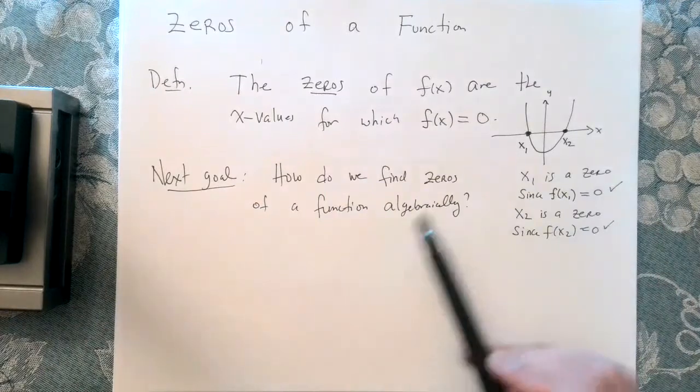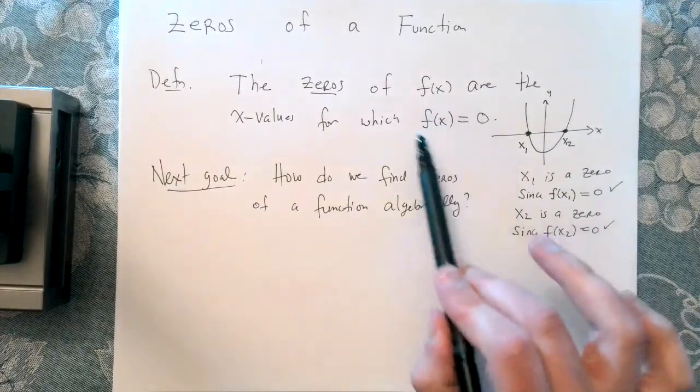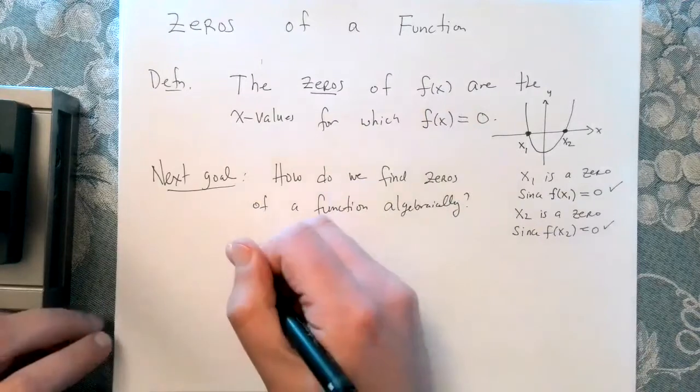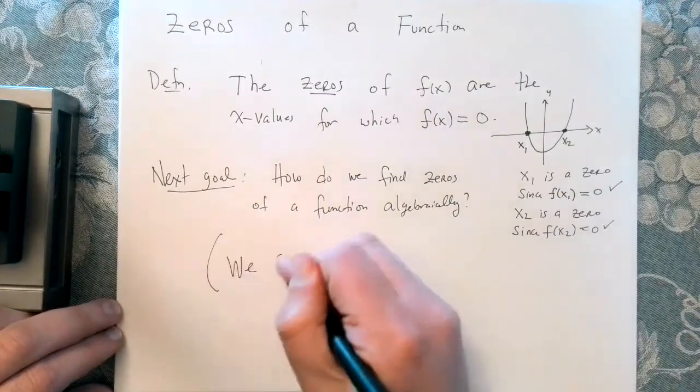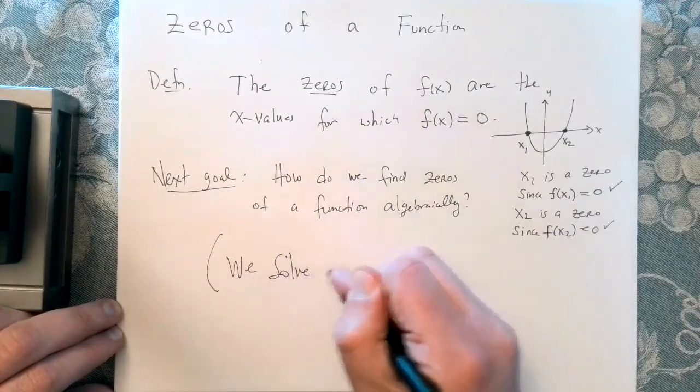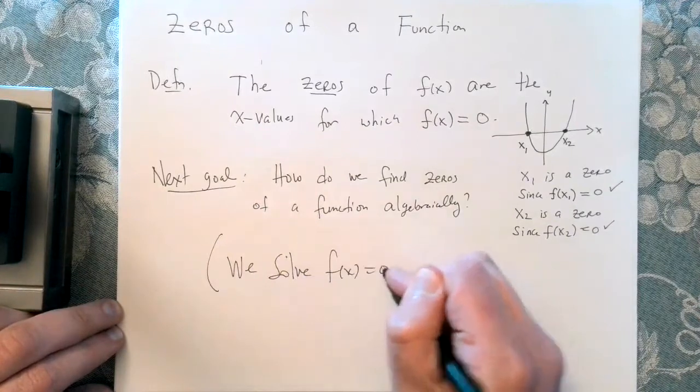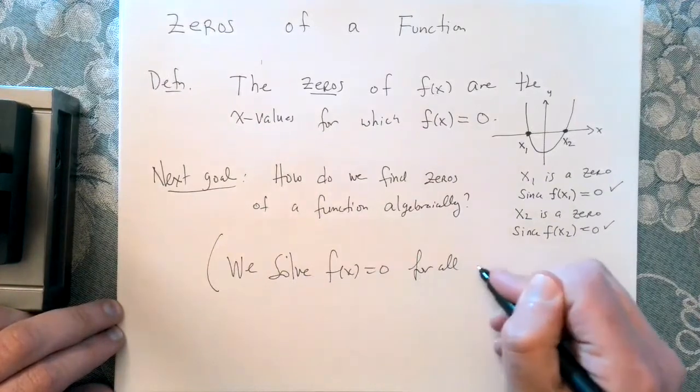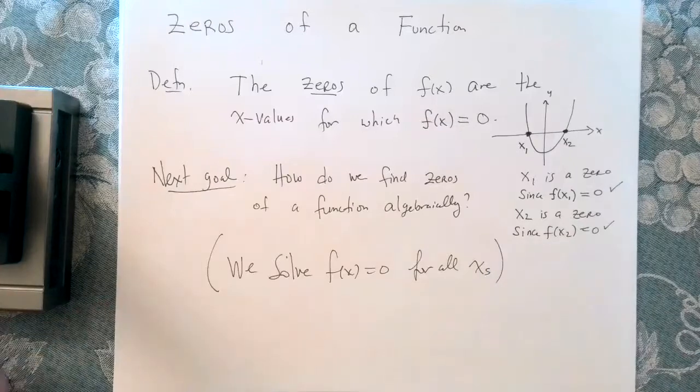Well, it's right in the definition. It looks like we should solve this equation. So we solve f of x equals 0 for all x's. So let's try this out. Let's take this idea for a test spin.